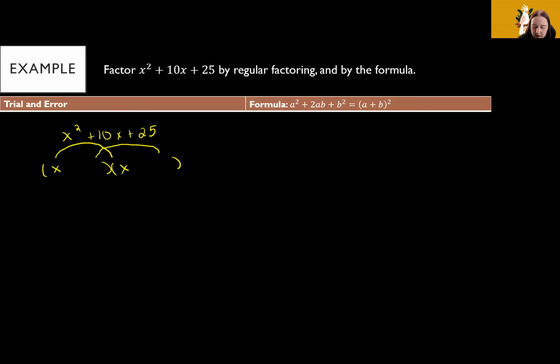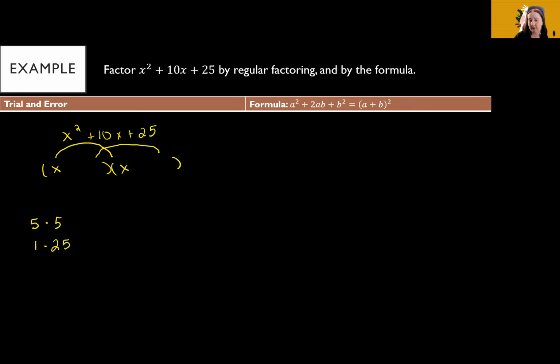The last terms give you 25. So you know that it's 2 numbers that multiply to 25. And this is where you may have some choices. Like 25 is 5 times 5, or it's 1 times 25. So you have 2 choices here, 2 possibilities that multiply to 25.